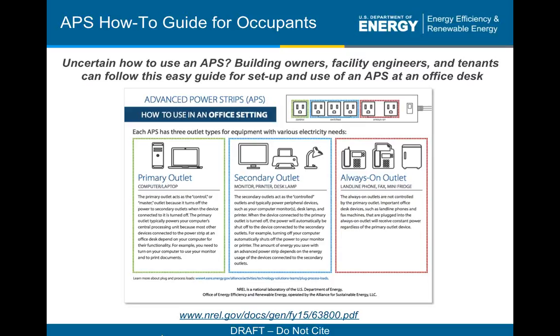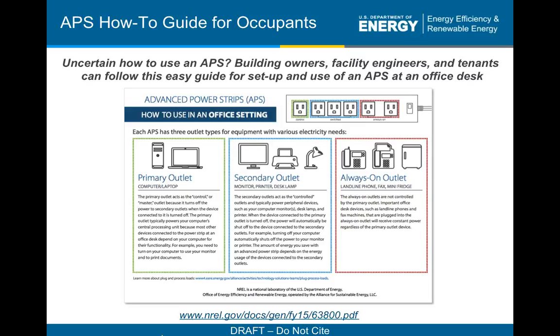First off, you have the primary outlet, and this is the one control outlet. For an office setting, it's the master, so that would be a laptop or a PC, the thing that matters most at your desk. And when that turns off, the different appliances plugged into these secondary outlets highlighted in blue here follow suit, and they're controlled by that primary outlet.